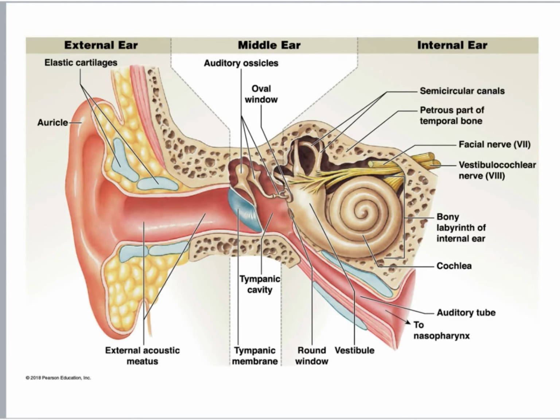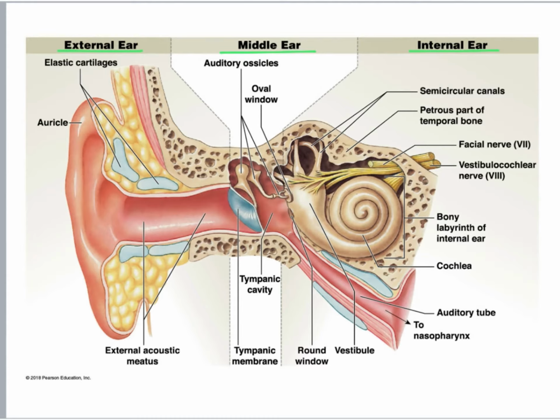We can anatomically divide our ear into three distinct regions. We have the external ear, the middle ear, and the inner ear. The external ear contains the auricle, the external acoustic meatus, which is the outer ear canal, and the external side of the tympanic membrane.